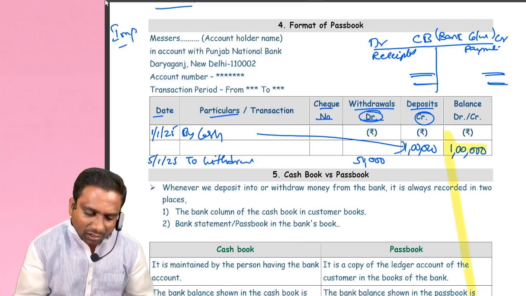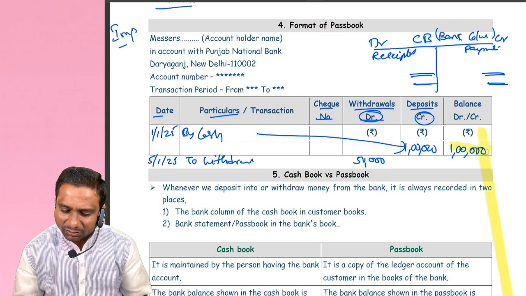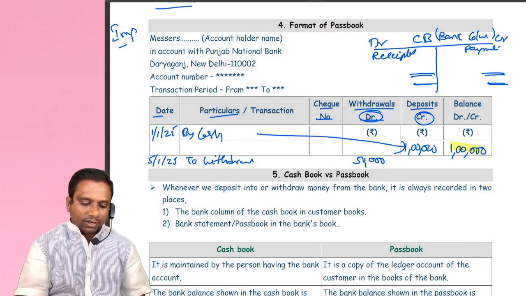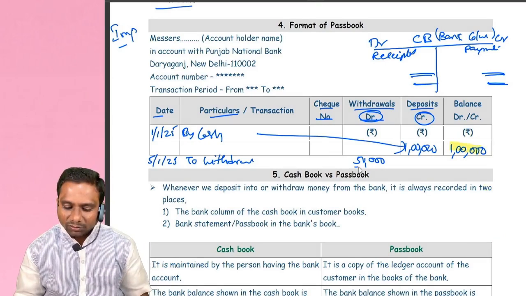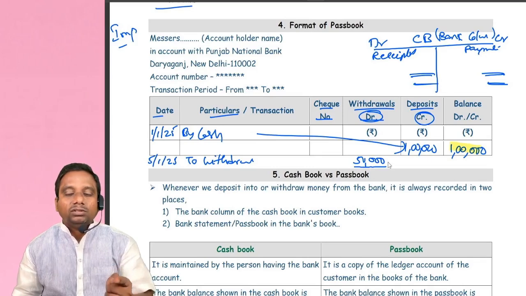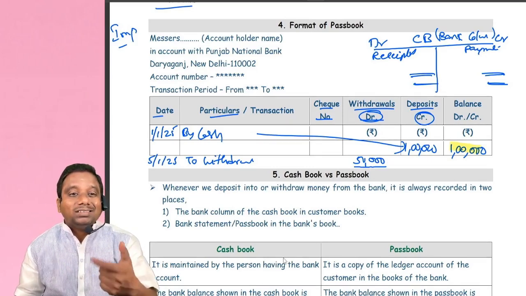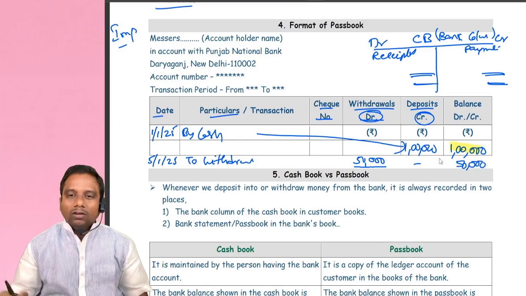Previous balance is 1 lakh, sir. Okay, fine. Now how much amount is withdrawn? 50,000. Previous balance 1 lakh, amount withdrawn 50,000. What is the difference now? 50,000, sir. So what is the balance here? 50,000.